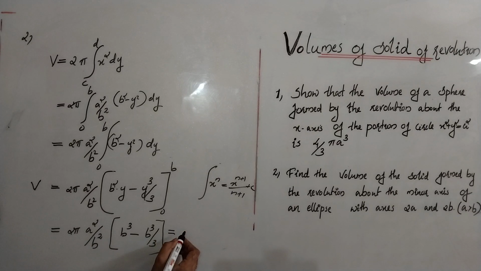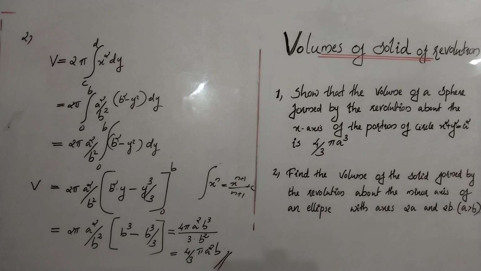We get 3b cube minus b cube, that is 2b cube. So 4 pi a square into b cube divided by 3 into b square, that is 4 by 3 pi a square b.